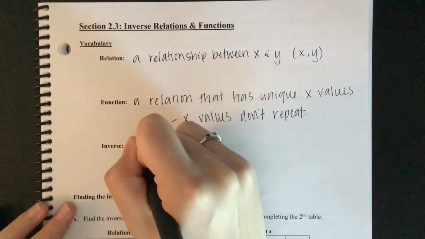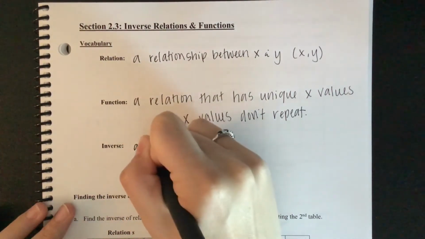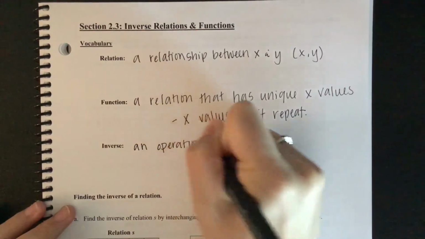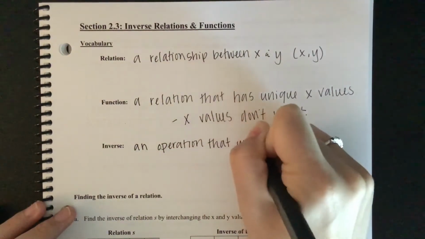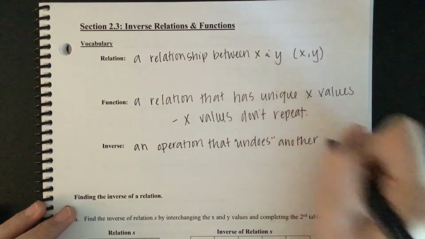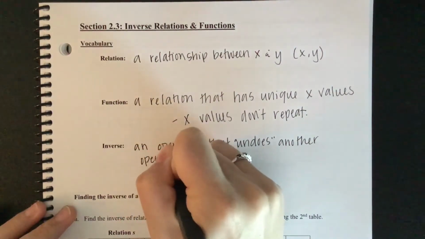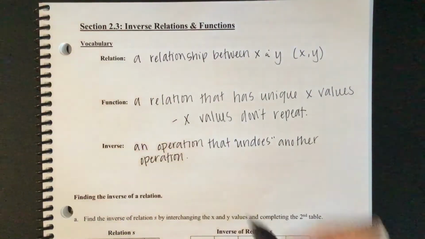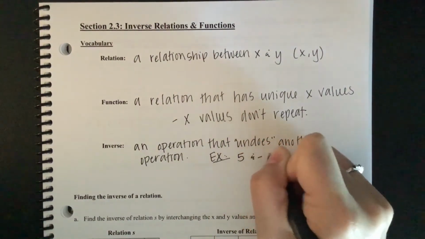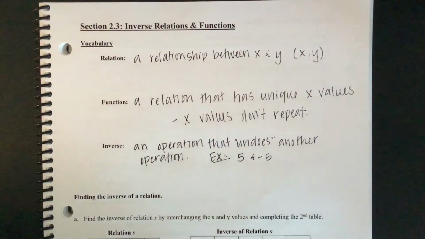So an inverse is an operation that undoes another operation. An example would be 5 and negative 5. They add to 0, right? That's the additive inverse. Multiplicative inverse is when you multiply something by it and you get 1.